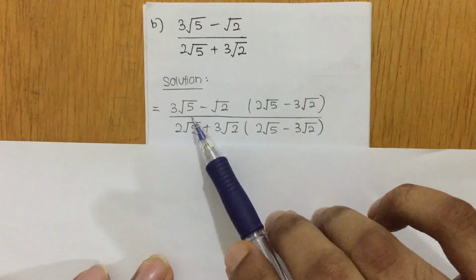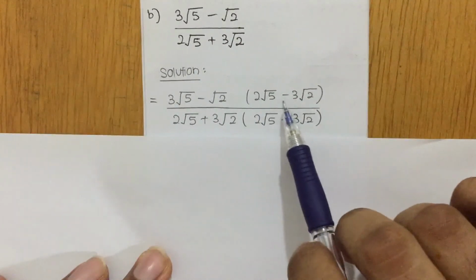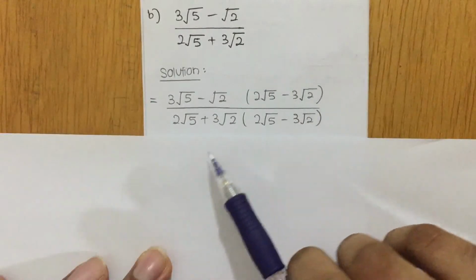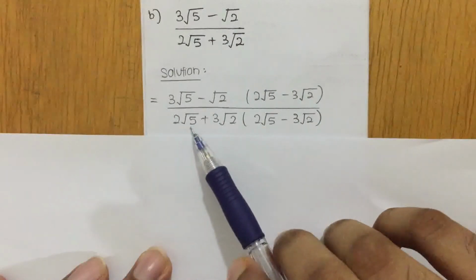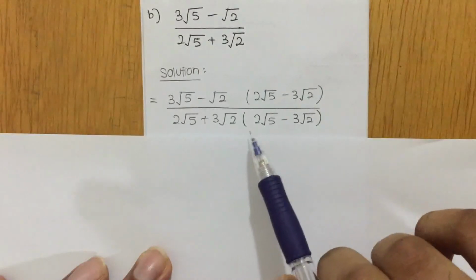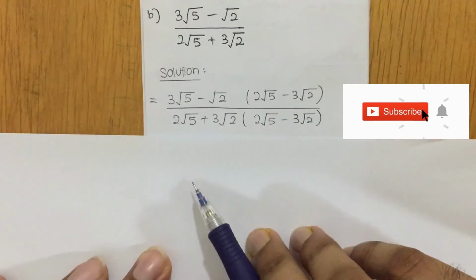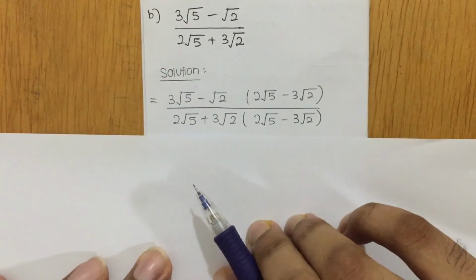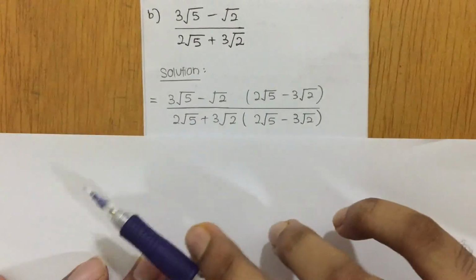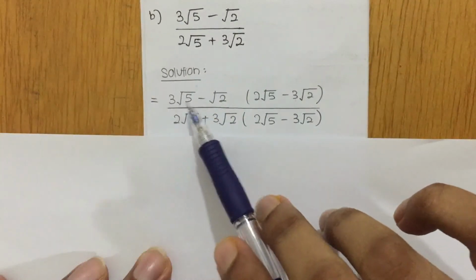So 3 surd 5 minus surd 2, times 2 surd 5 minus 3 surd 2. Okay, and for the denominator, 2 surd 5 plus 3 surd 2 times 2 surd 5 minus 3 surd 2. Okay, this question is a bit difficult compared to part A, since in the previous question you only had 1 over here, but now you have the surds over here.